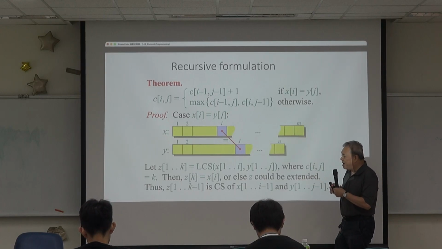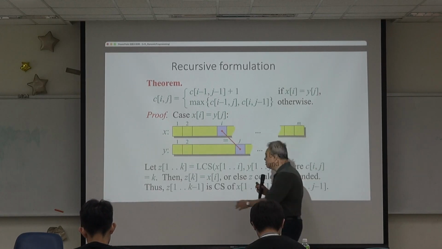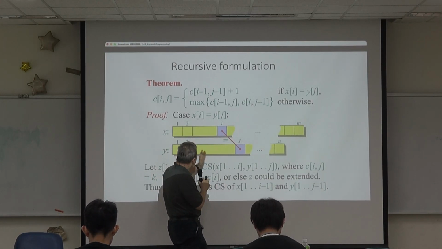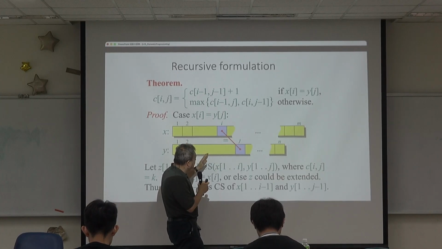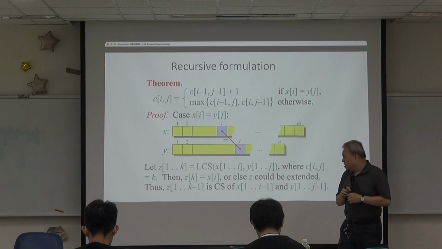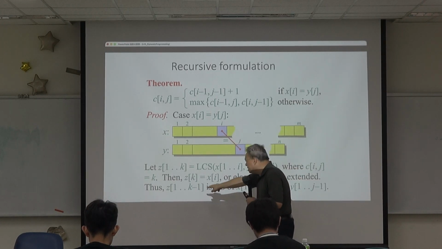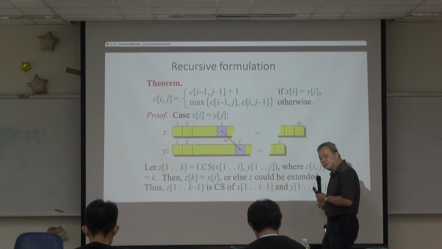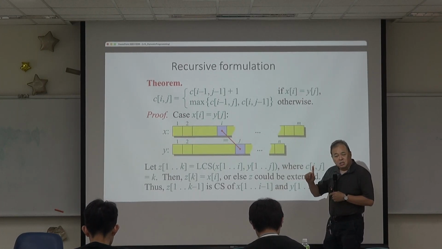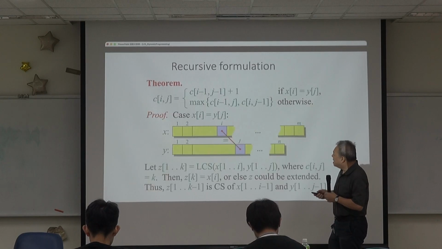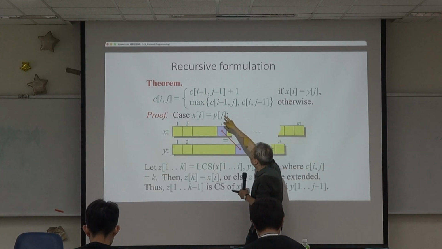So the other part of this common subsequence must come from the previous characters of these prefixes, right? So that's pretty much this. But is this one the longest common subsequence of these two prefixes? 它是最长的吗? We also need to prove that. Otherwise, this formula wouldn't hold, right?